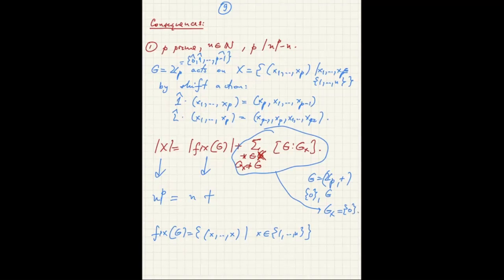In that case, the index is going to be equal to p. So what do we get in this summation? We're going to get multiples of p: p times a certain number of times, t times. Well, what does this imply? It implies that the difference n^p minus n is a multiple of p, so p divides n^p minus n. So this is a proof of Fermat's little theorem using group actions.